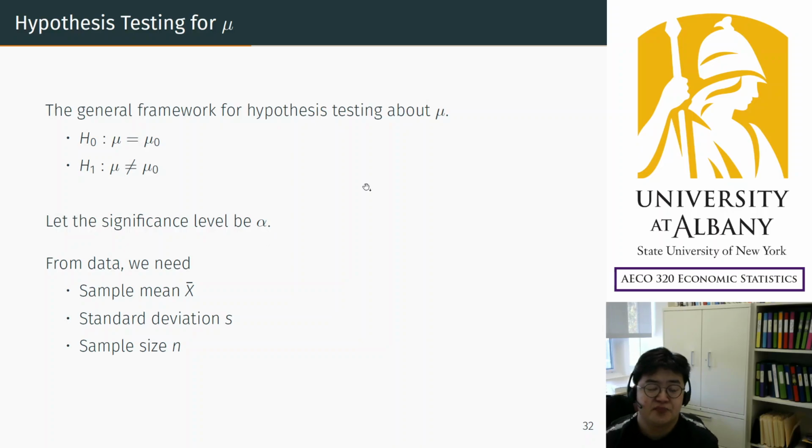This is another thing you need to choose. And then look at the data. What you need to calculate is the sample mean x bar, standard deviation s, and the sample size n. So, by the way, remember these four numbers: alpha, x bar, s, n. These four numbers are the same numbers we used to calculate the confidence interval.